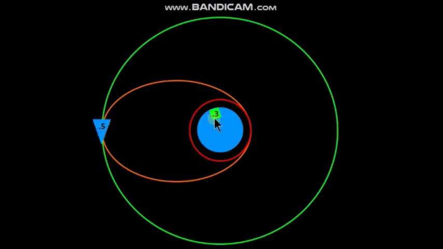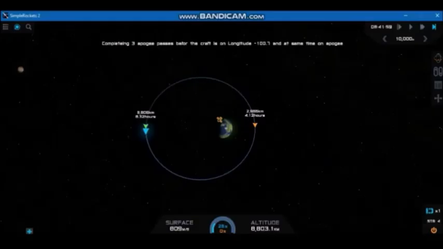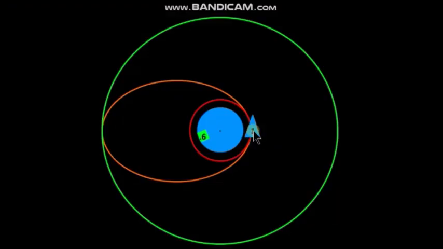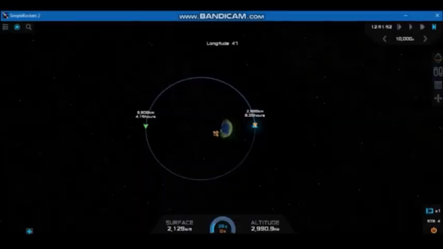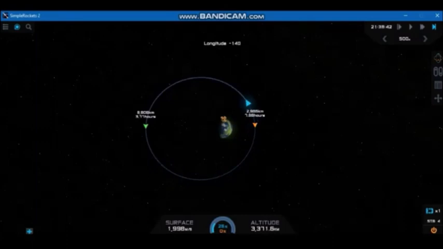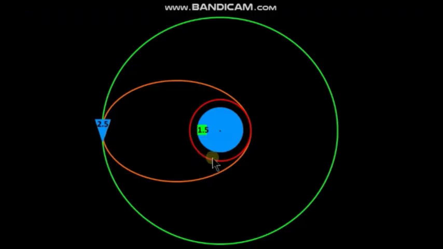This is half, but the Earth would have rotated 0.3 sidereal day. After another half, we'll have one complete orbit and 0.6 for the Earth. Then 1.5 and 0.9 for the Earth. Then 2 orbits and 1.2 for the Earth. And then finally 2.5 orbits for the satellite, and then 1.5 for the Earth.